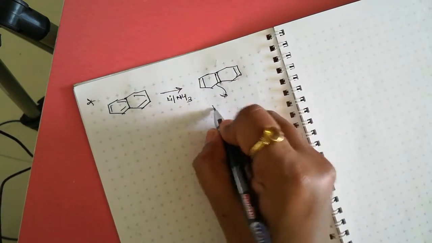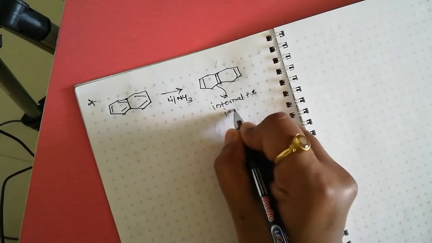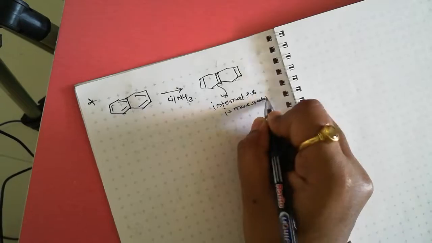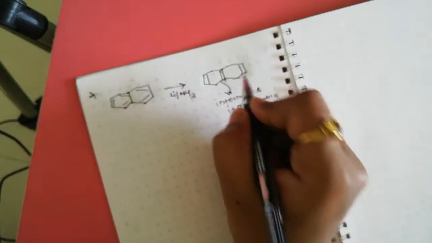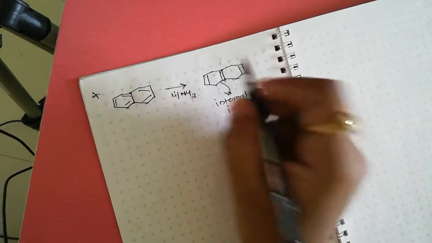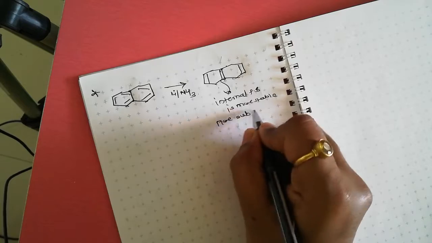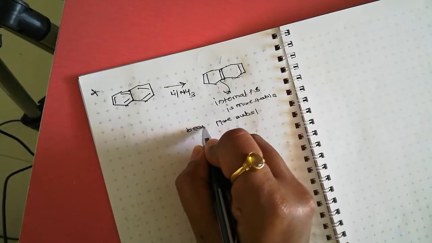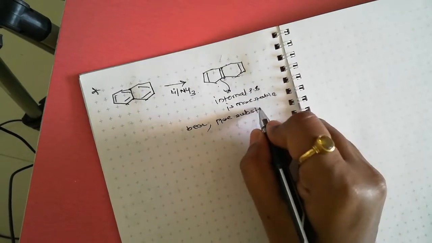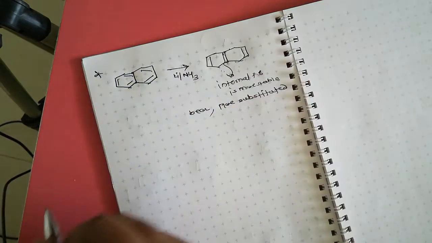This internal double bond is more stable. Why? Because this double bond is more substituted, with four substituents, 1, 2, 3, 4. Therefore the internal double bond is more stable because it is more substituted, and here we get this type of product.